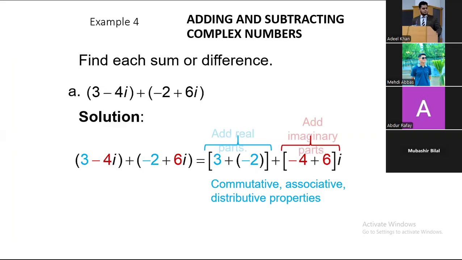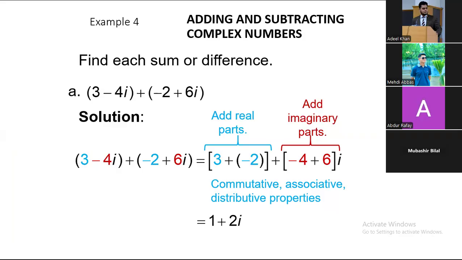After this combination, the real part with the real part and the imaginary part with the imaginary part, as per the commutative, associative, distributive property. So combining the real terms and the imaginary terms, 3 minus 2 would be 1 and minus 4 plus 6 would be plus 2 iota. So this is the simplification of addition of a complex number.